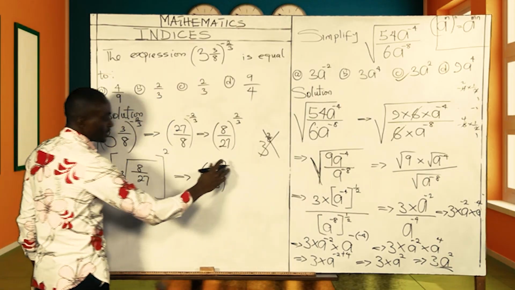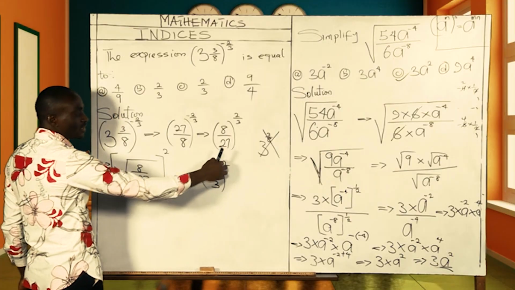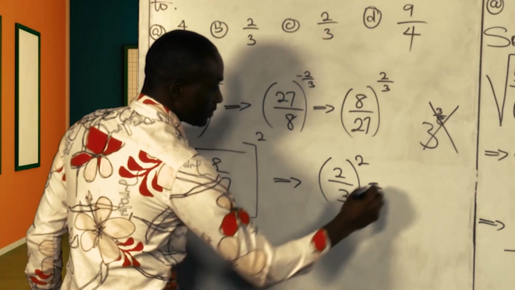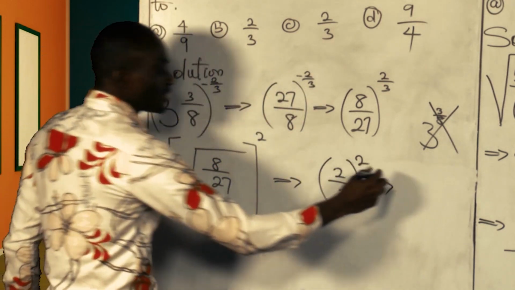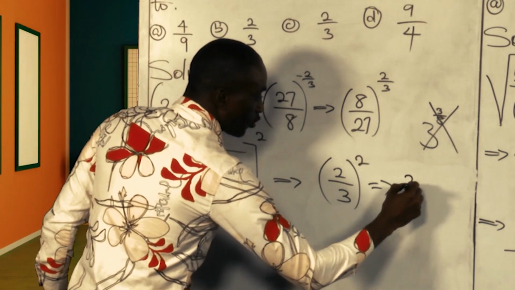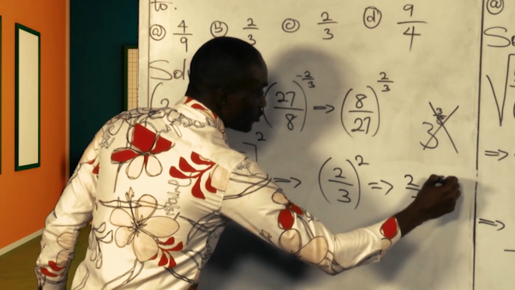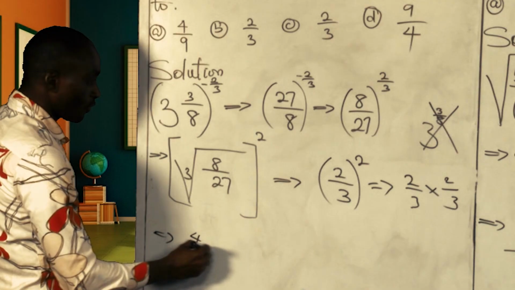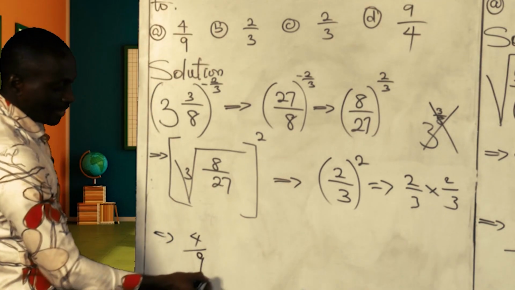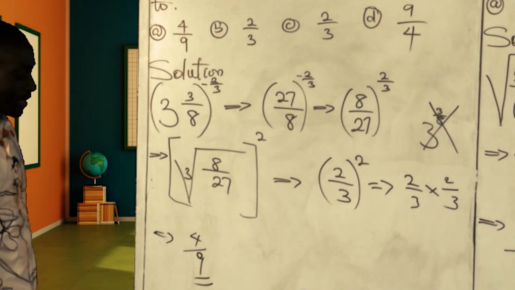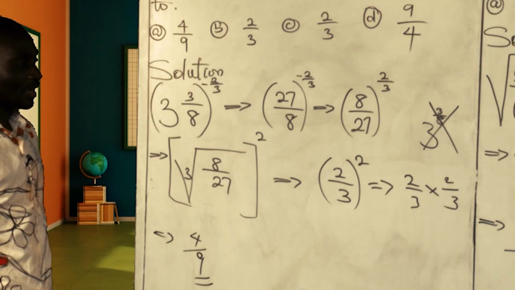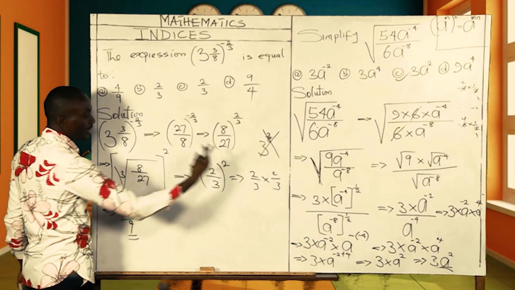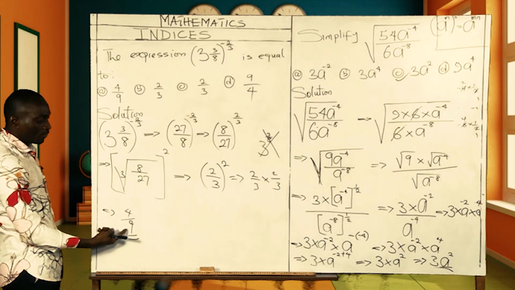Now the power of 2 means square, that is all of this squared. So it means 2 over 3 multiplied by 2 over 3, which gives 4 over 9, and that serves as our answer. 2 squared is 4, 3 squared is 9, and we have 4 over 9.